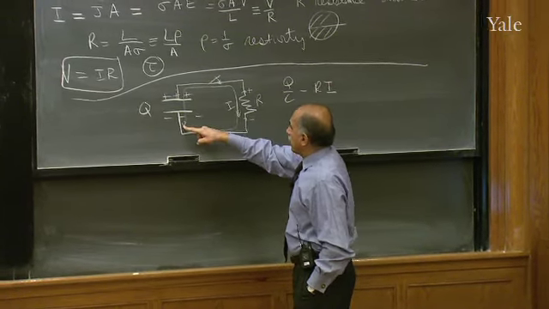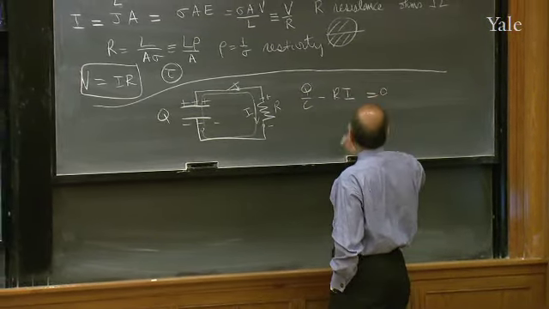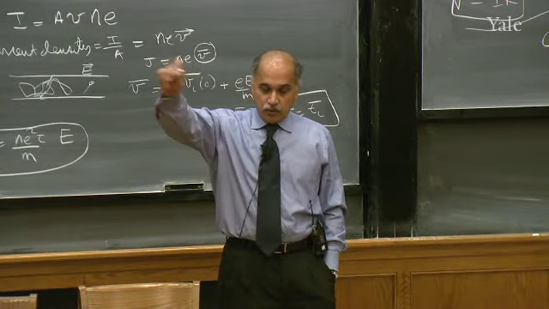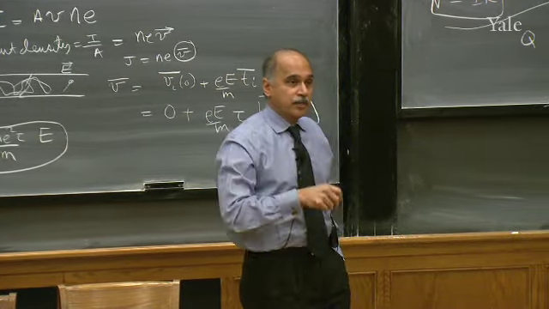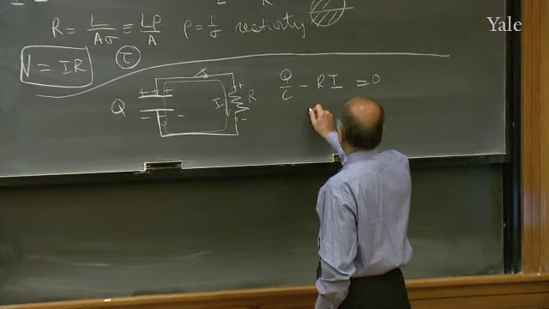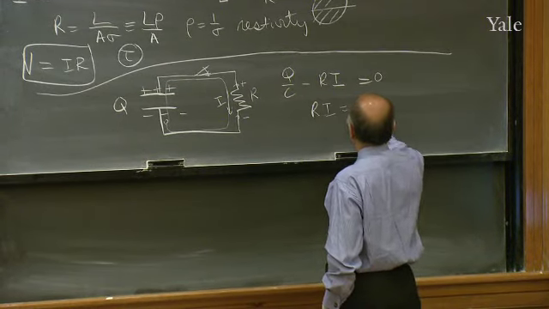When you come back to the starting point, all the changes you had better add up to 0. That's the fundamental statement that in any electrical circuit, if you start anywhere and go through any path in the circuit and come back to the starting point, the net change in voltage has to be 0 because every point has an electrical height. So this is our equation. Now we can write it as Ri equals Q over C.